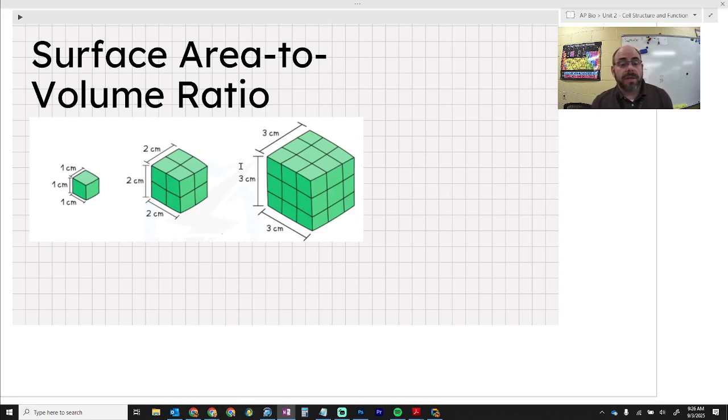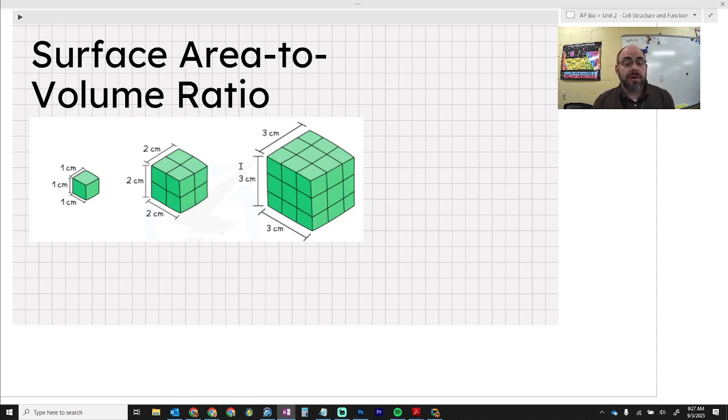So the surface area increased pretty big when you went from 1 to 2, from 6 to 24, pretty significant. What about the volume? Well, the volume is 2 times 2 times 2, which is 8, not 6, 8. So now you have 24 to 8, or 3 to 1.